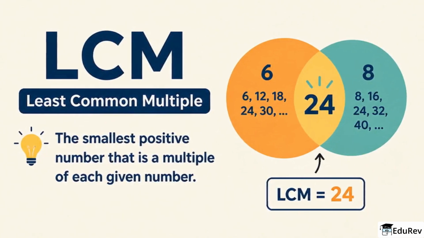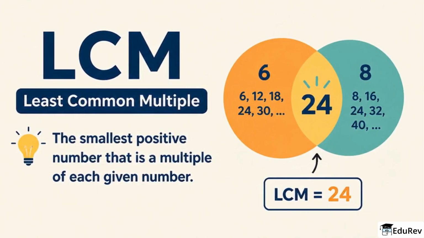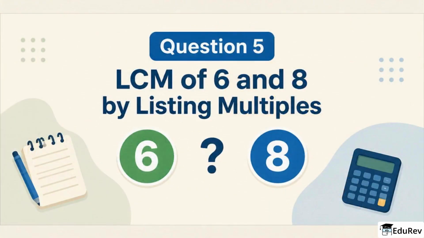Next, LCM is the least common multiple, the smallest positive number that is a multiple of each given number. Question number 5 asks for LCM of 6 and 8 by listing multiples. Common multiples are 24 and 48, so least common multiple is 24.